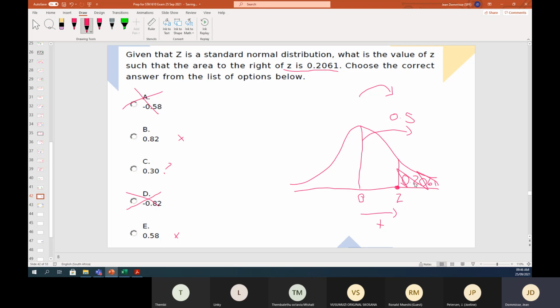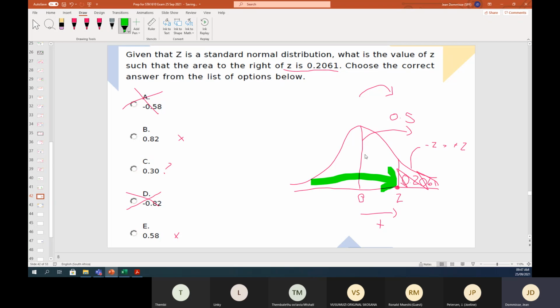So there are two ways of doing it. The first option is to go to the negative Z table to get my answer, but my answer needs to be positive Z. So I just need to look for that value, but remember when I write it down, it needs to be positive. Or the easiest way for me is to get that area and work with a positive Z. How big is that area?